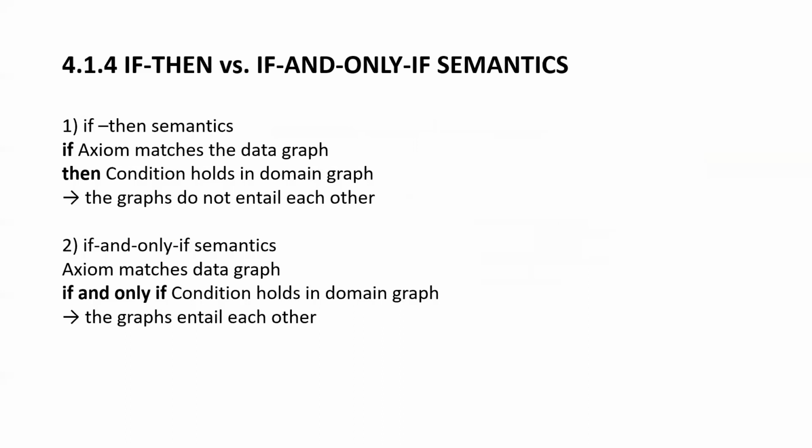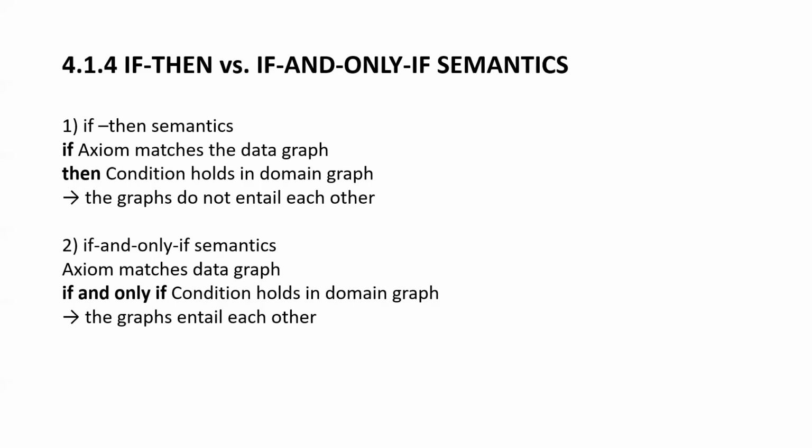Considering axioms and conditions, two semantics can be considered. In the first, if-then semantics, if an axiom matches the data graph, then the condition holds in the domain graph. The graphs do not intermingle with each other. Both graphs give rise to the same condition, but the condition is not translated into the axiom that describes it.